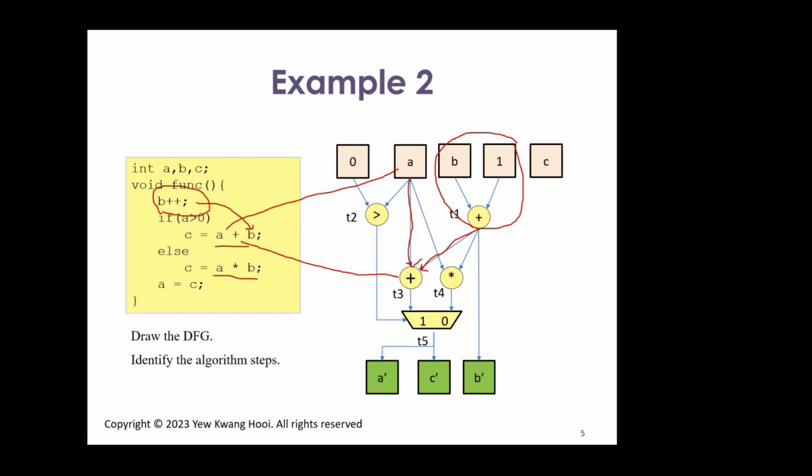If it's false, we will multiply. That's why we have no choice but to insert both the output of A plus B and A multiplies B into the if else block, because the output depends whether it's true or false. And then the result will be stored inside C. So we are done with this fifth row.